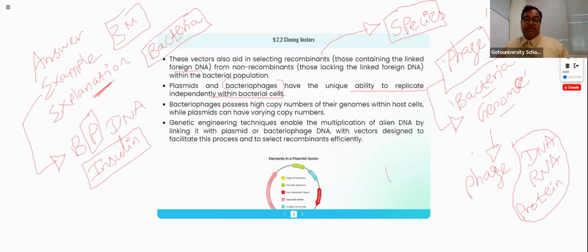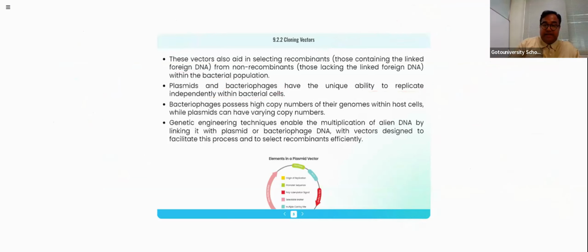The phage structure we have already drawn for you a number of times to help you understand the phage morphology. Now what we need to understand is basically the genetic engineering of the bacteria, which enables the multiplication of the alien DNA.